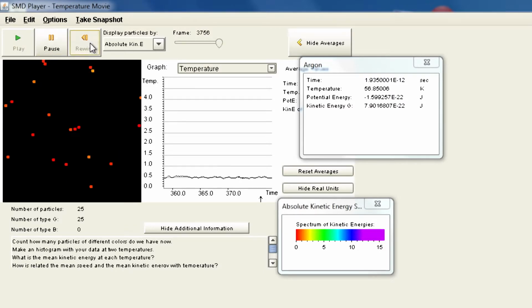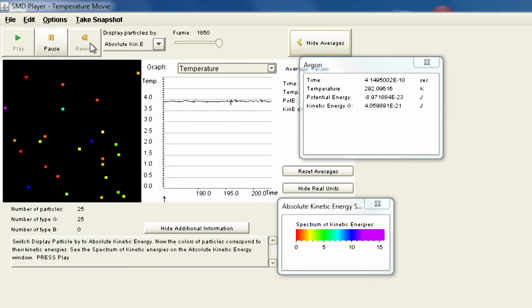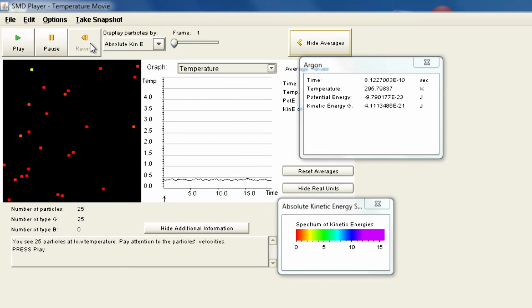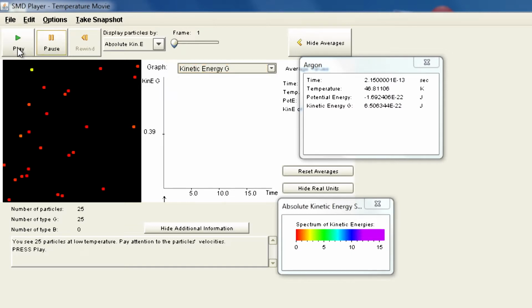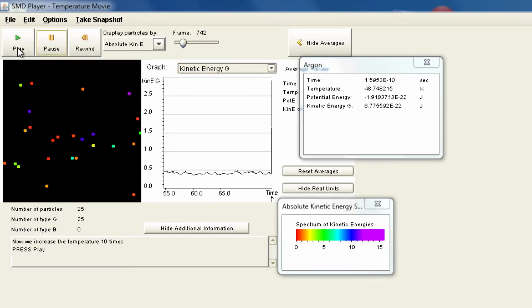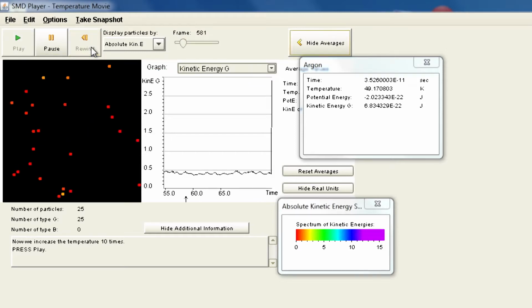So let's rewind this again. There are two parts here. One is we go to a very high temperature, 10 times, and then we also drop it down by 10 times. Now let's look at the kinetic energy function here and see how it moves. You can see the change in the kinetic energies.